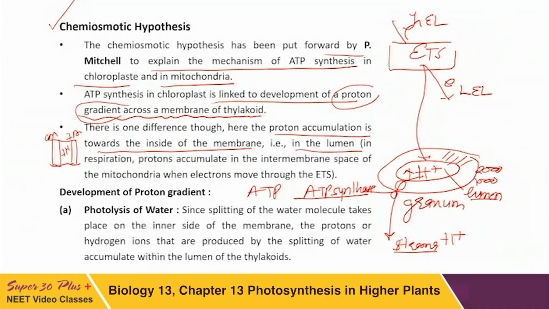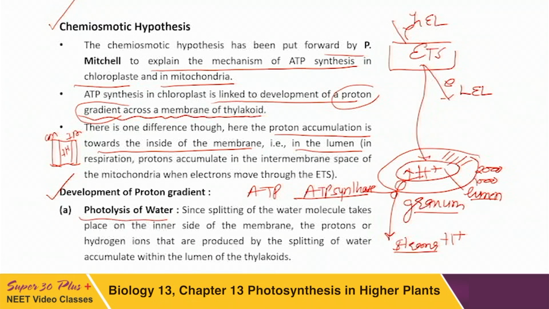Now we have to see, it's a very interesting one, what is the reason that the proton gradient will develop, or that the concentration of these protons will be much more in the grana lumen as compared to the stroma. There are three reasons. One, which is very important, is photolysis of water.